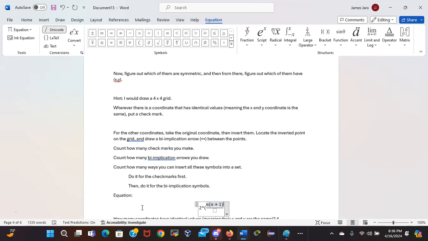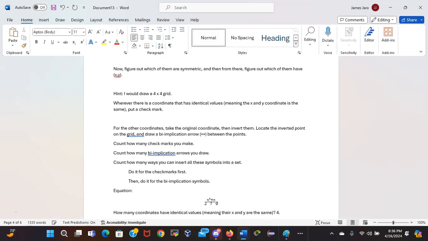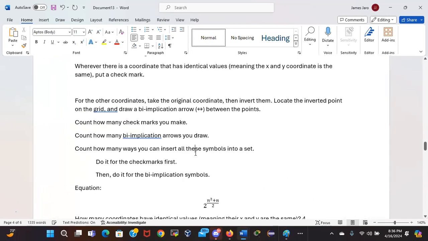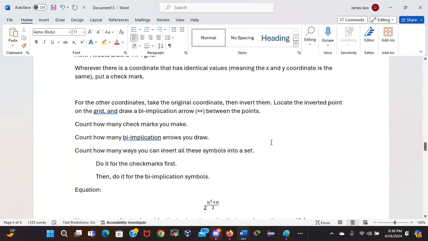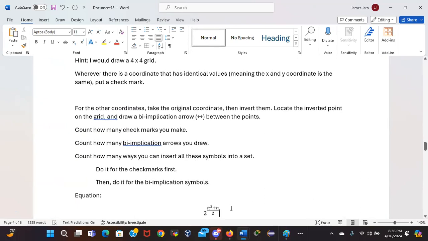I want to say it's this. I literally have not derived the equation in a long time, so I'm maybe 90% sure.